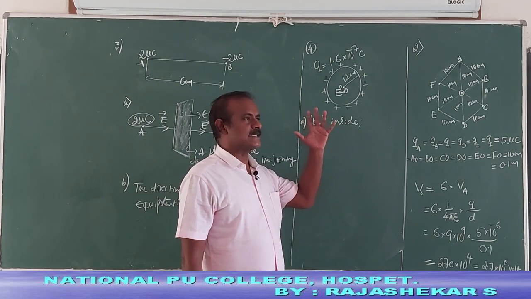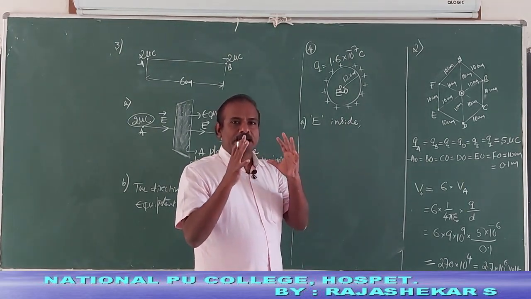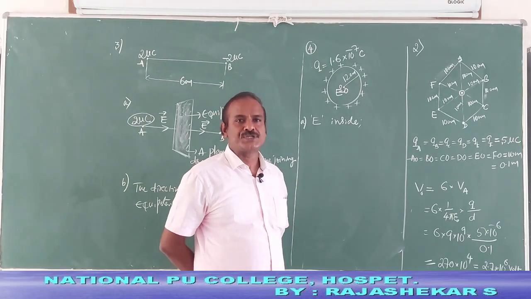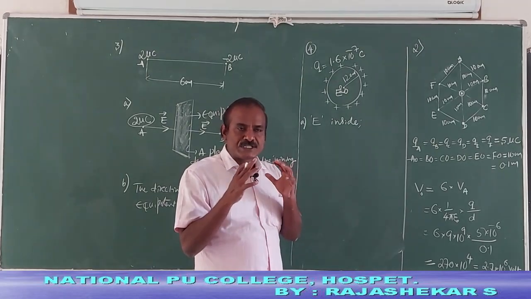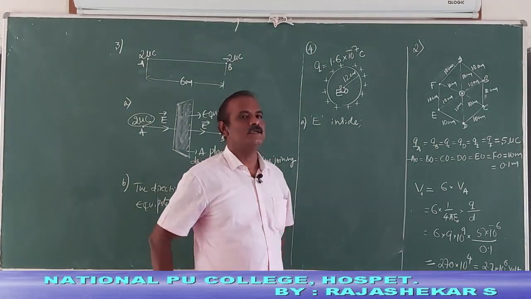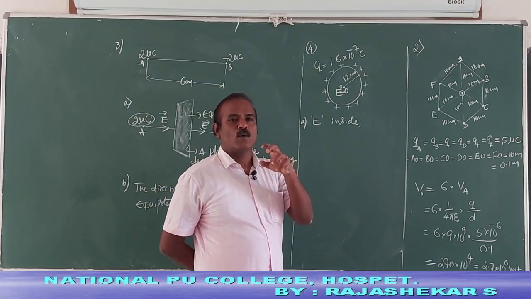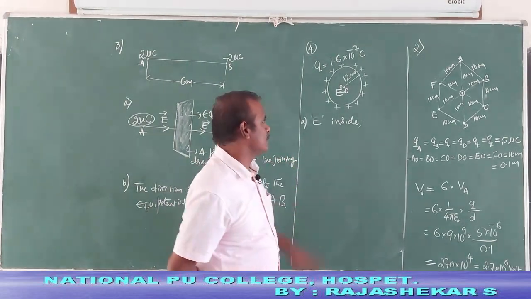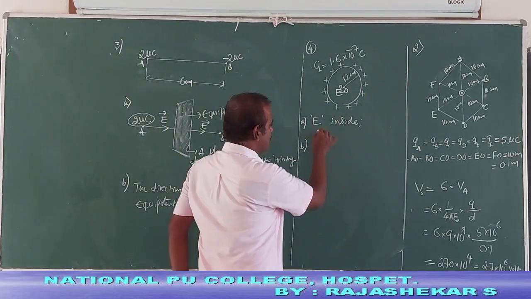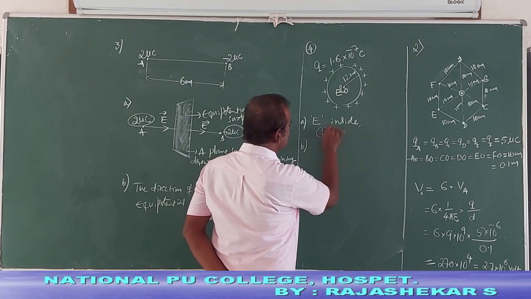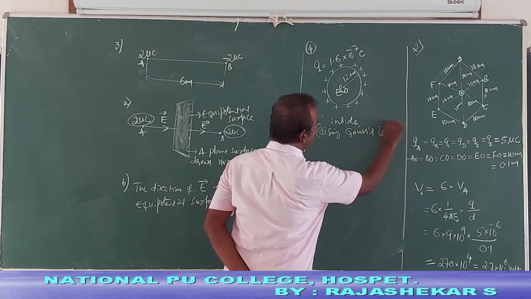In fact, this mechanism is used as electrostatic shielding to shield electronic devices which are sensitive to external electric fields. We also call this idea a Faraday's cage, remember well. This is very clear from Gauss's law.